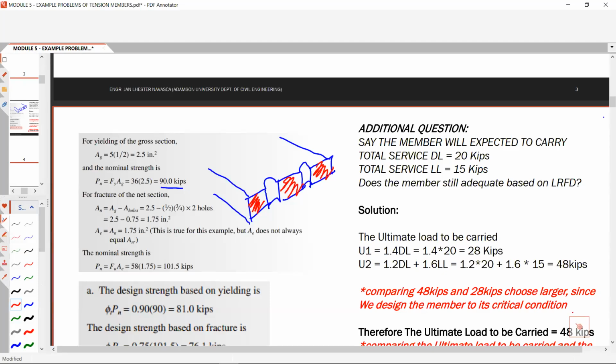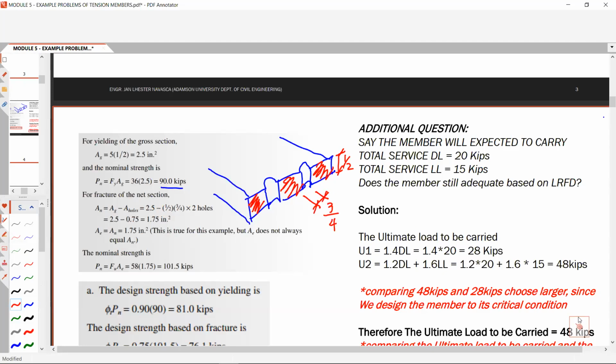So basically that area is equal to AG minus the area of the holes, since our bolts are non-staggered. That is why we have 2.5 square inches for the gross area, minus the holes. If you take note, this thickness is 1/2 and the diameter of the hole is 3/4.